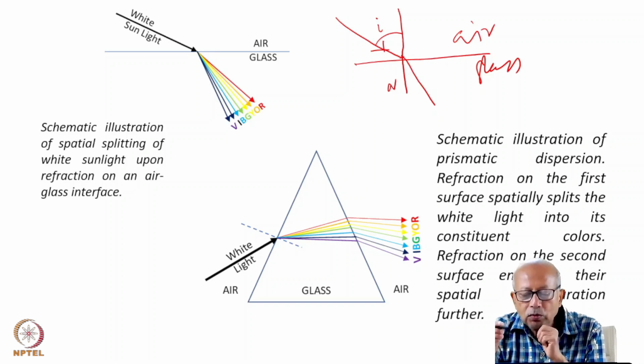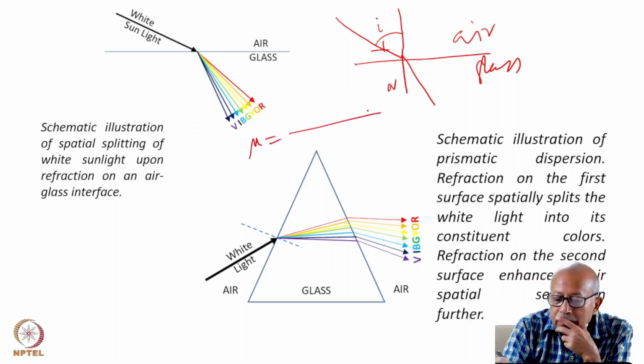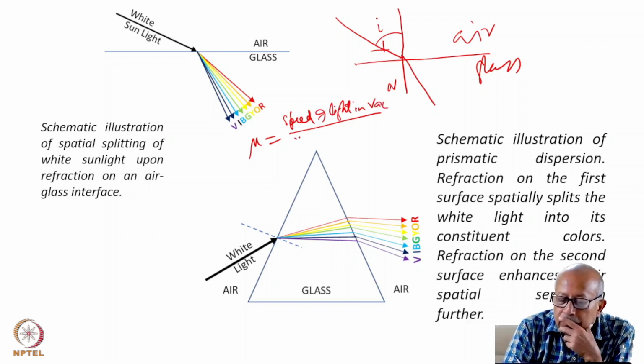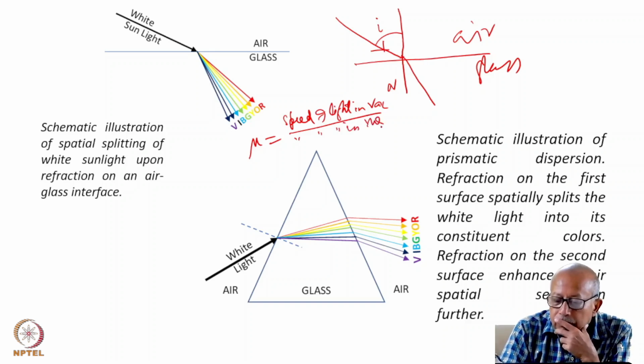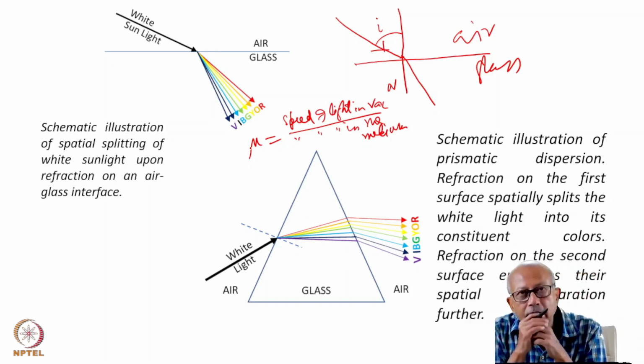The answer is no. You see, refractive index of a medium is basically defined as the ratio of the speed of light in air divided by the speed of light in that medium.